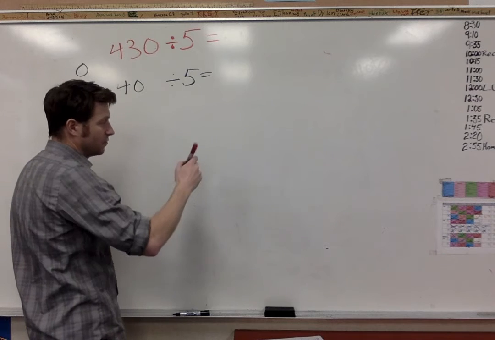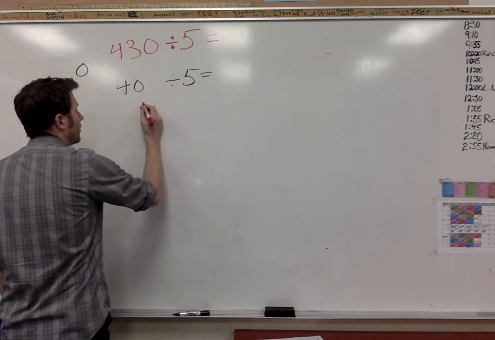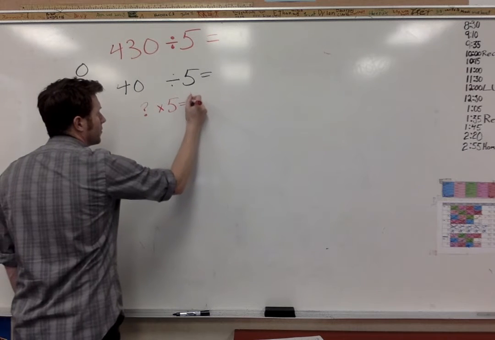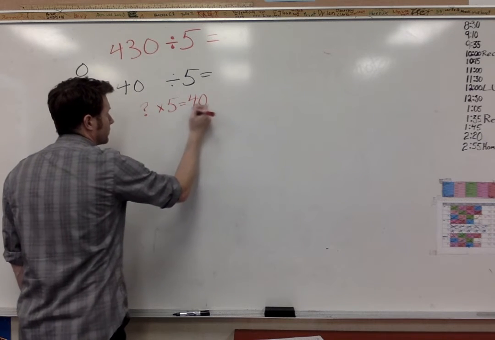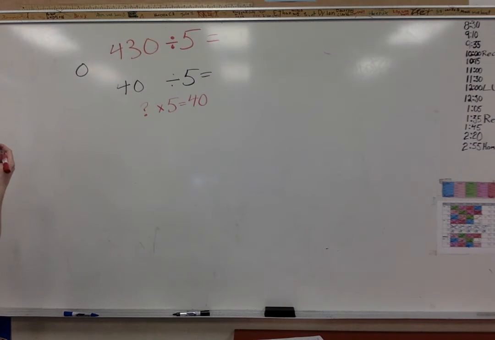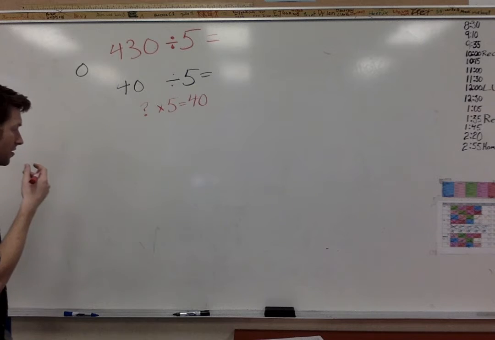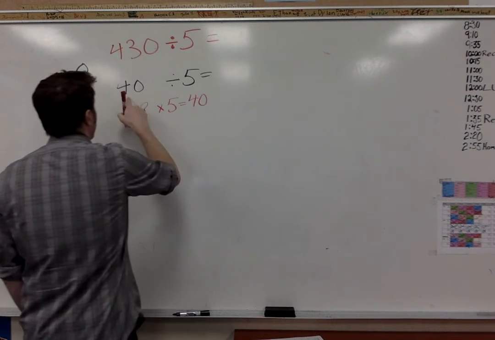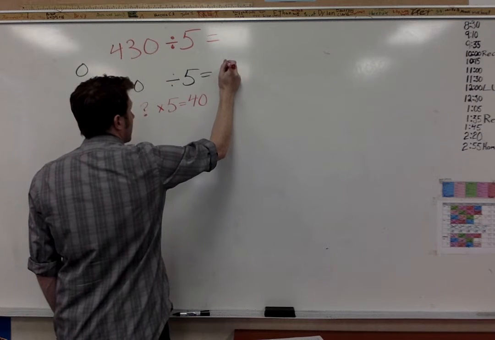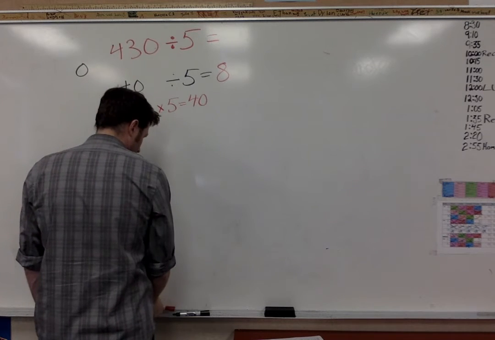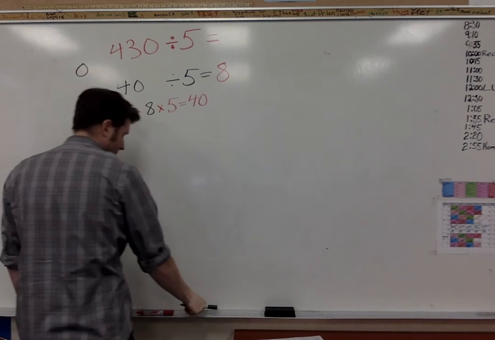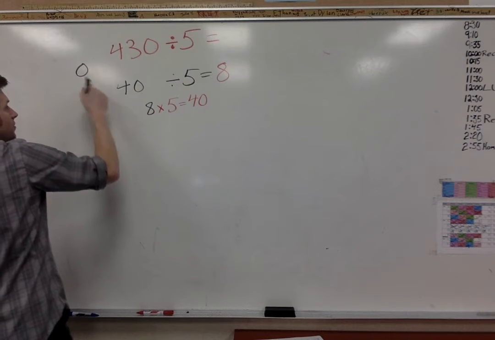Now this might be easier for some of you to say, what times 5 equals 40? What times 5 equals 40? So 40 divided by 5, or what times 5 is 40? We get a nice answer of 8 there. But we need to get our zero back on there, right?